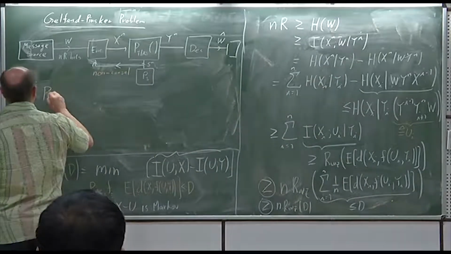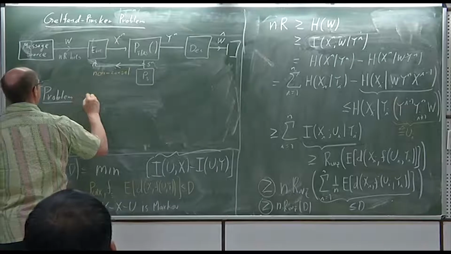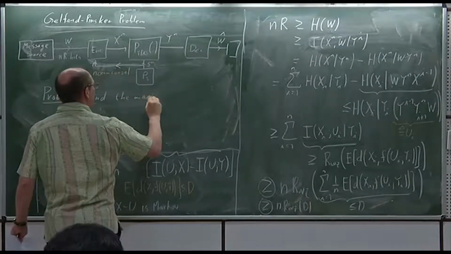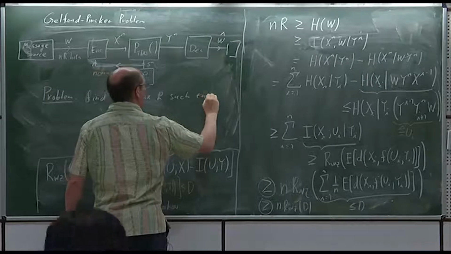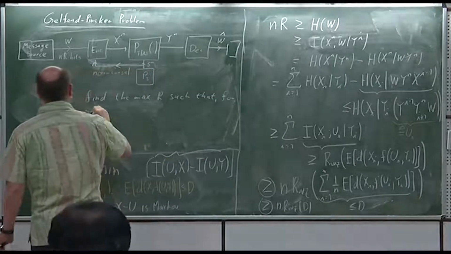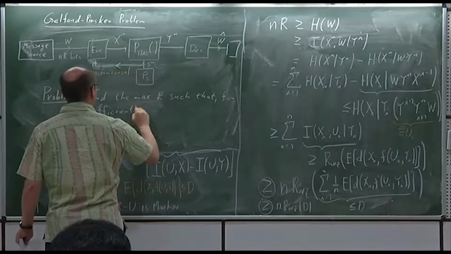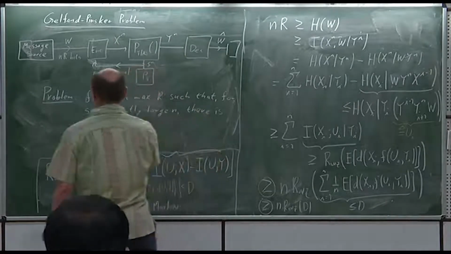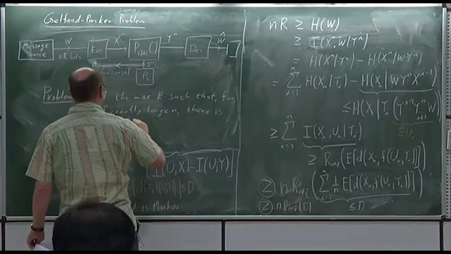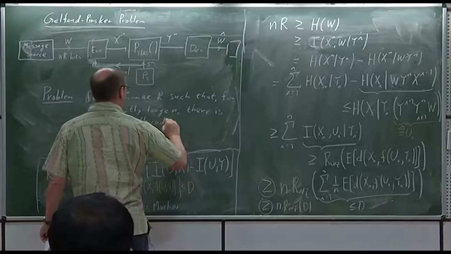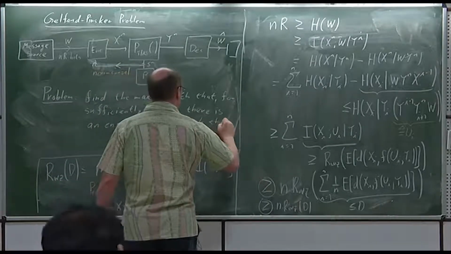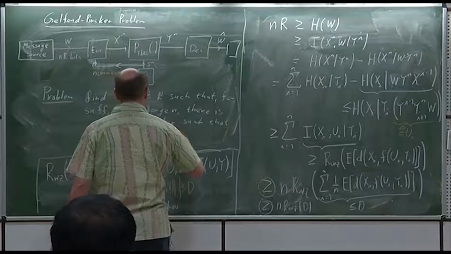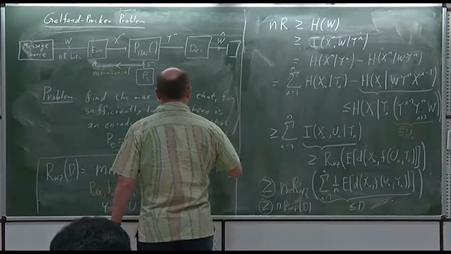So the problem, as before, is to find an encoder, find the maximum rate R such that for sufficiently large n, there is one encoder-decoder pair such that the error probability PE, which is the probability that the output is not equal to the input, is as close to 0 as desired, other than 0, right?